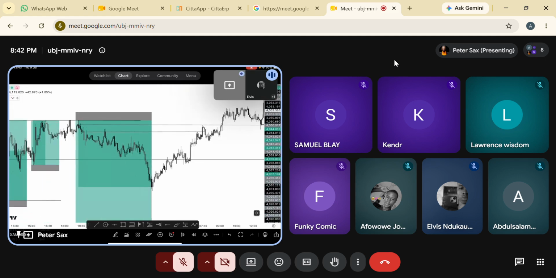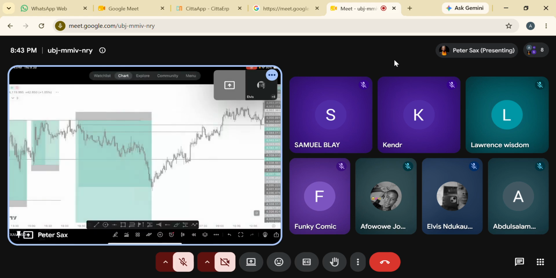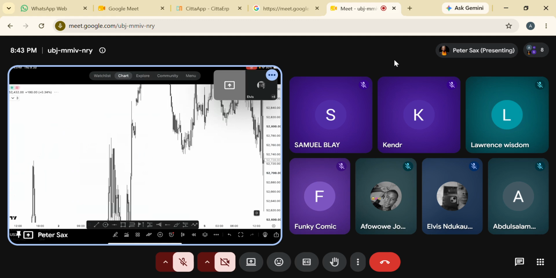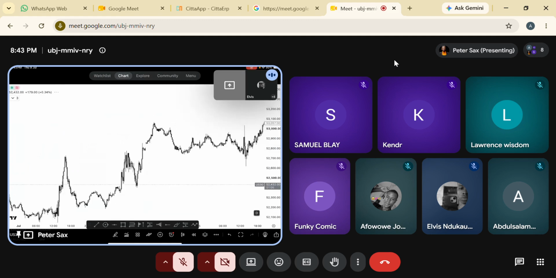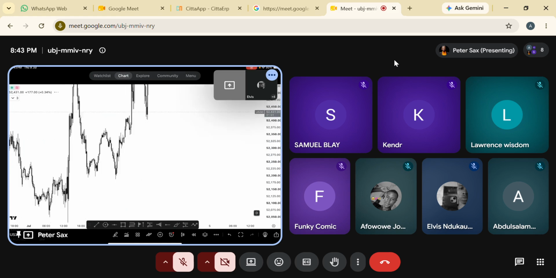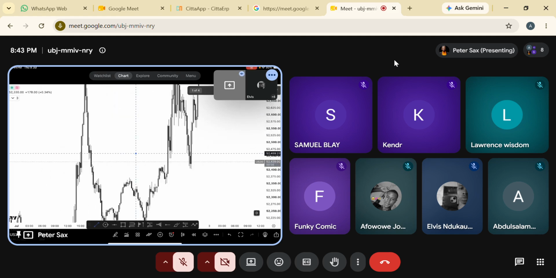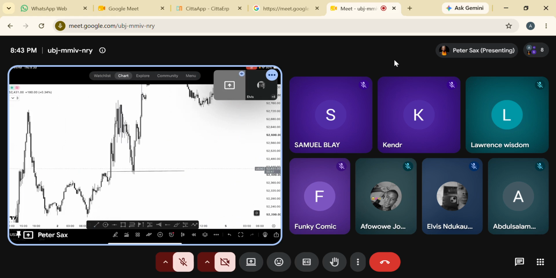Let me go to the pair that I used more. Alright. See, break and retest. Can you guys see?